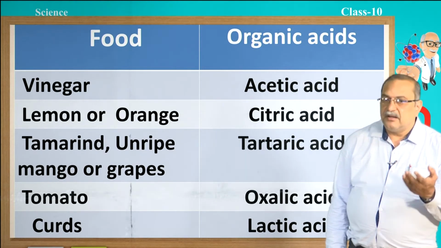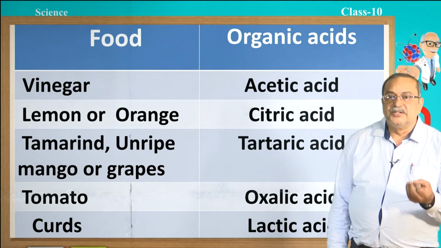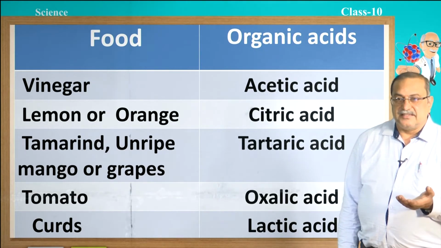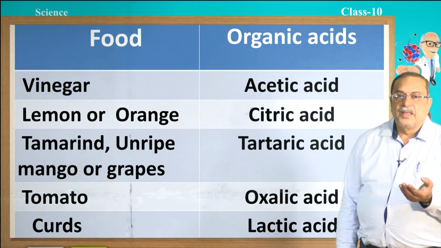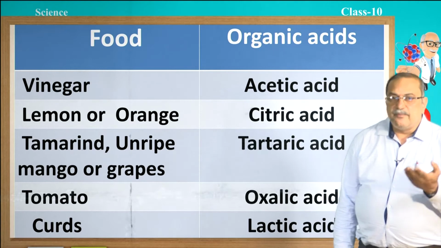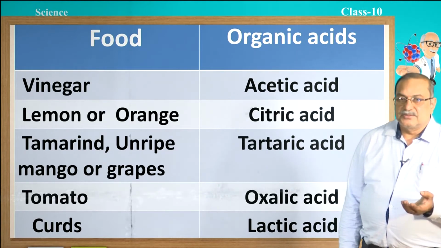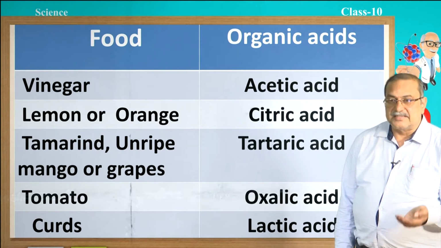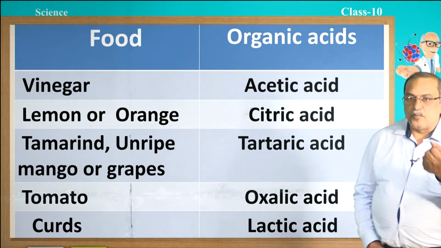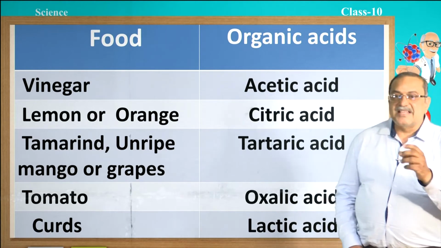Lemon or orange, which you commonly eat, is a fruit that contains citric acid. Tamarind, that is hunse hannu, unripe mango or grapes contain tartaric acid. Your favorite tomato contains oxalic acid.